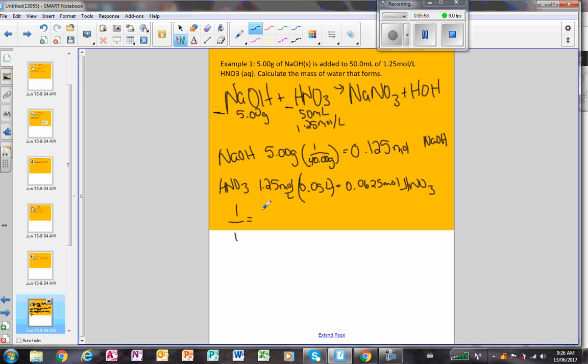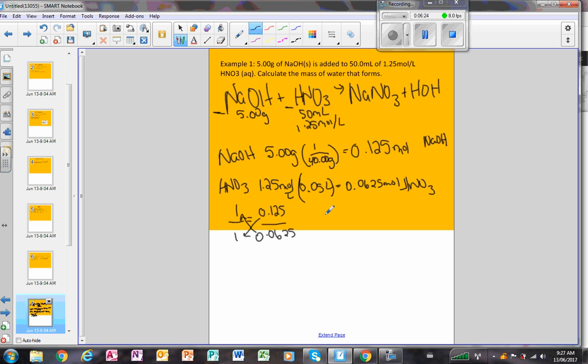And this is going to be equivalent to 0.125 moles that we calculated over 0.0625 moles that we also calculated. Now to look at the mole relationship, you're going to cross multiply with the number of moles. This is step number 3, looking at the mole relationship between the reactants.